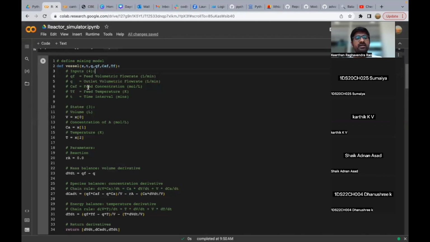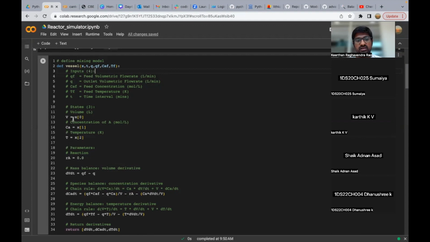There are 4 main inputs for our equation. QF is the feed volumetric flow rate, Q is the outlet volumetric flow rate, and the units are given here. CAF is the feed concentration, TF is the feed temperature, and small t is the time interval. Our particular problem concerns 3 states: the volume, concentration, and temperature.